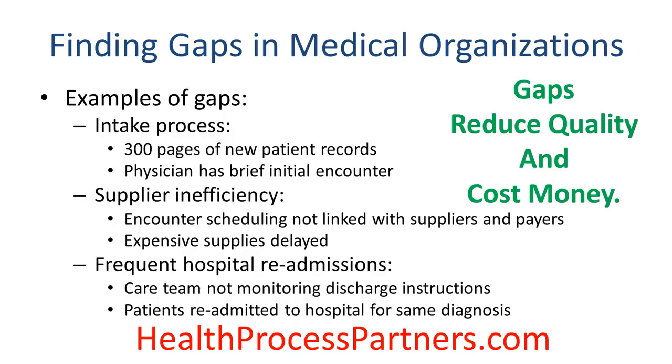Another example is excessively frequent readmissions to the hospital for the same diagnosis. For example, if someone comes in, is treated in the hospital, and is then discharged with specific instructions to help manage their symptoms, and those discharge instructions are not effectively used by a care team, then the patient's symptoms may get to the point where they need to be readmitted a few weeks later unnecessarily.